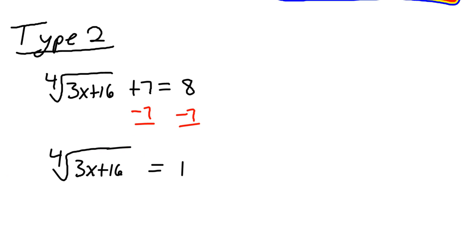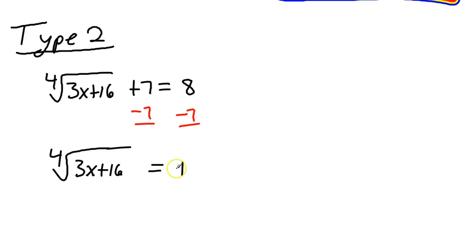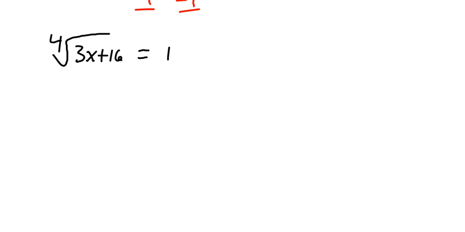Now, the same rules go back to the part here. If you solve these and you get this index all by itself and it's the square root or the fourth root or the sixth root equals, if this had been a negative 1, you'd stop and say no solution. But in this case, we're left with this positive 1. So now we can actually go back through and solve this thing.